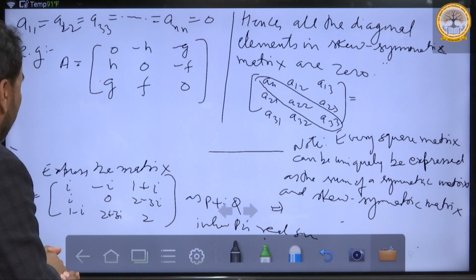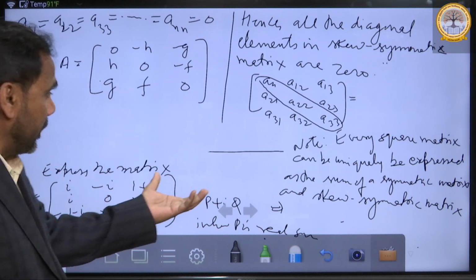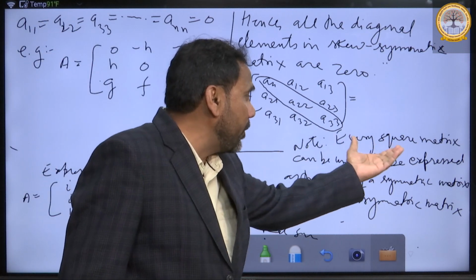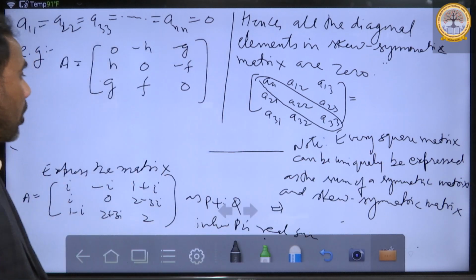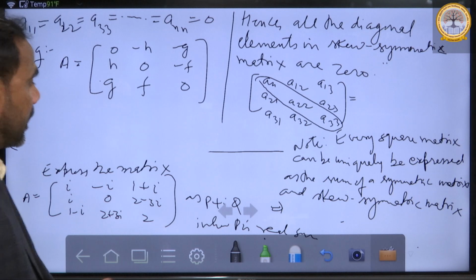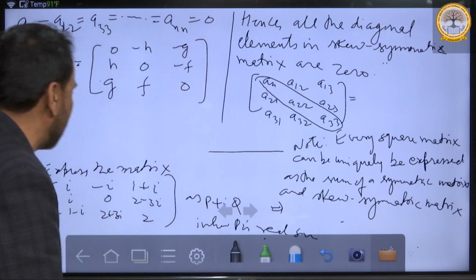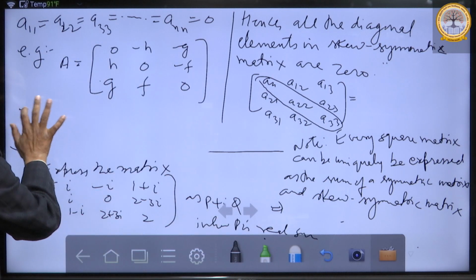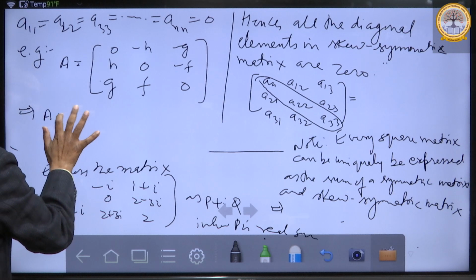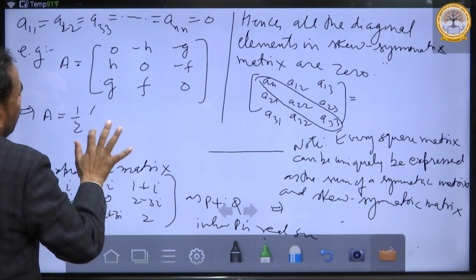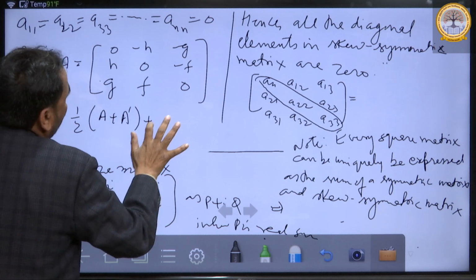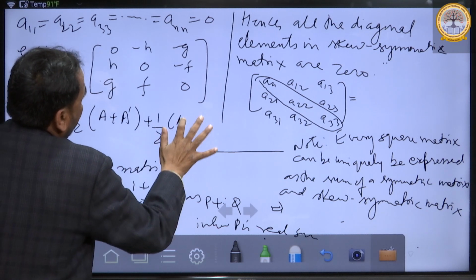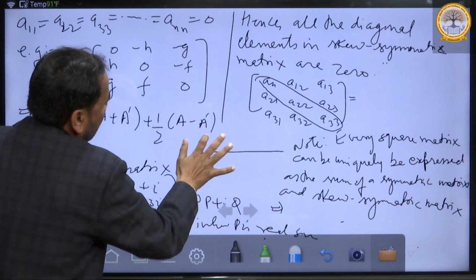For numericals, one step is this: note every square matrix can be uniquely expressed as the sum of a symmetric matrix and skew symmetric matrix. This implies that A is equal to 1 upon 2 (A plus A dash) plus 1 by 2 (A minus A dash).